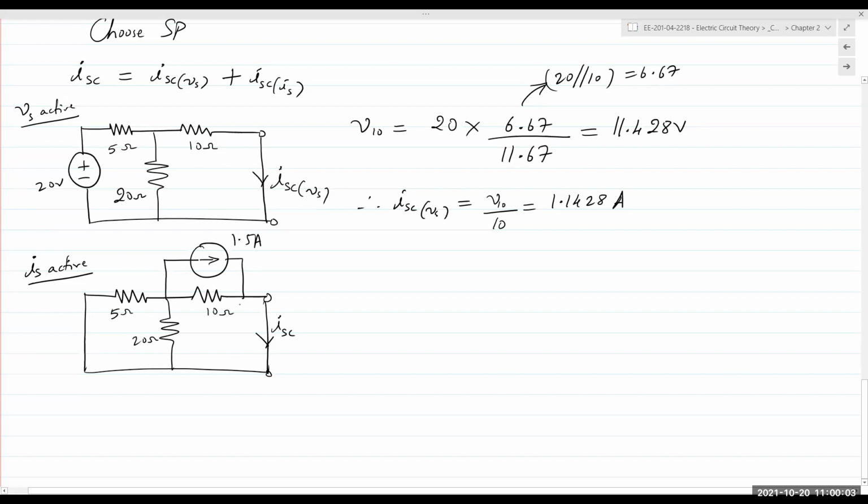Now, because the 5 and 20 are connected by the short, they are now in parallel. So 5 and 20 in parallel gives me 4 ohms. And because of the short on the right, ISC, I can redraw the circuit like this.